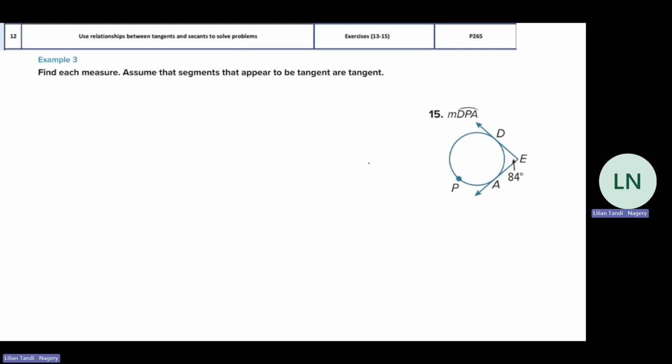Okay, so now we want to do, okay. So here you have to know angle E is equal to half major arc minus minor arc.